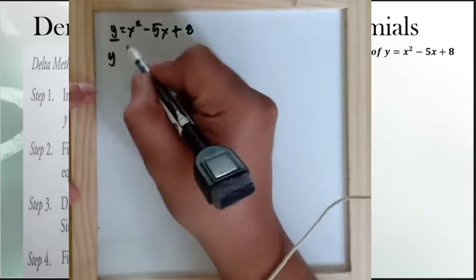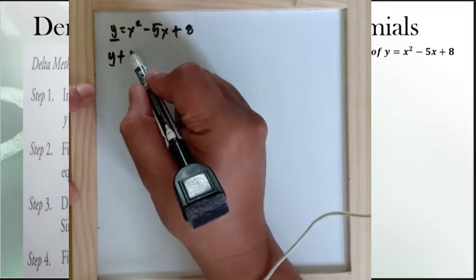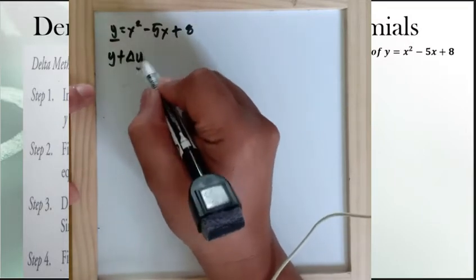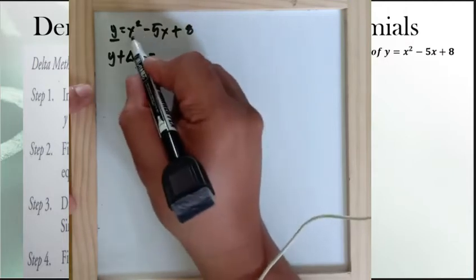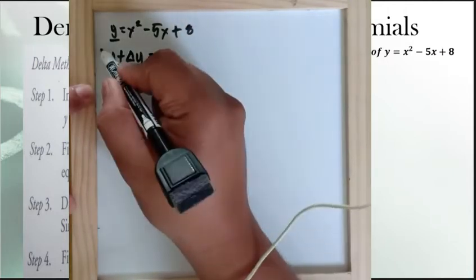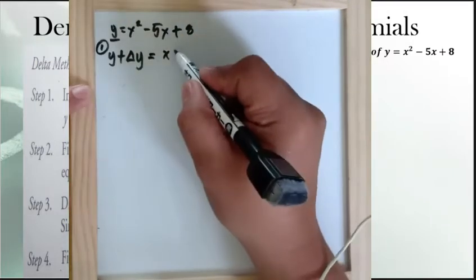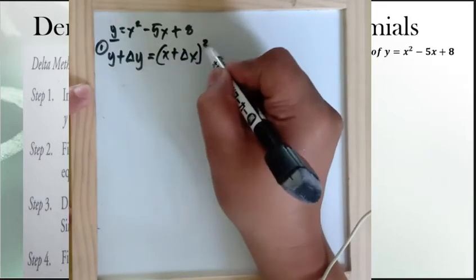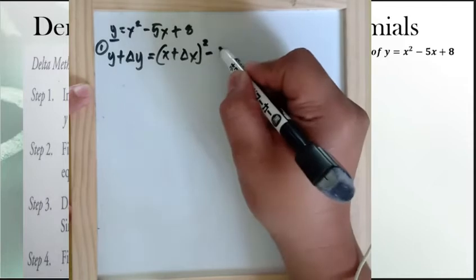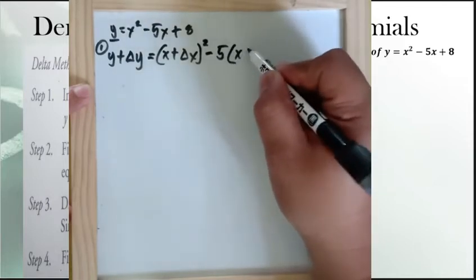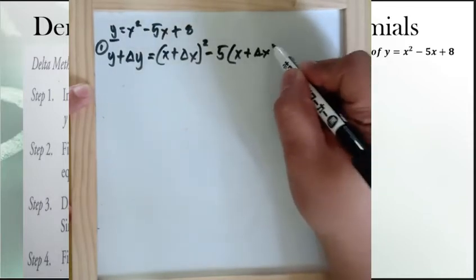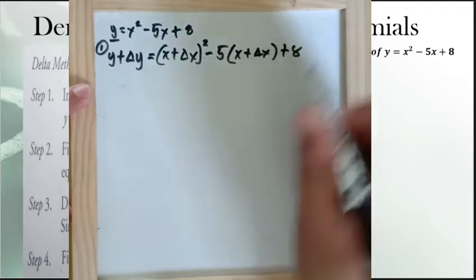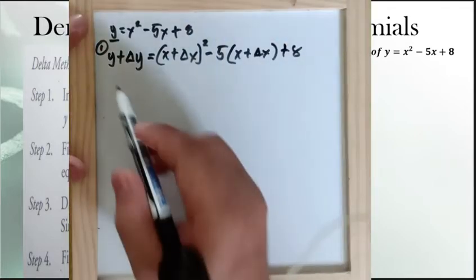So y plus delta y is equal to x, replace it with x plus delta x. So this will be our step number 1. Of course, we need to square it. Minus 5, replace x by x plus delta x, plus 8. Let's simplify.